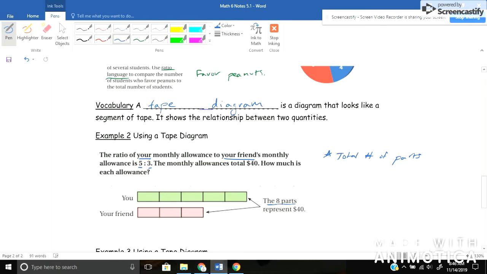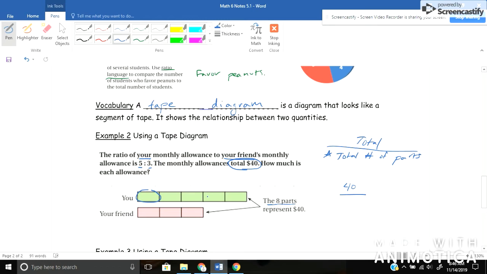And to find how much each part is worth, you take your total and divide it by your total number of parts. In this case, our total allowance was $40, and we divide that by our total number of parts.